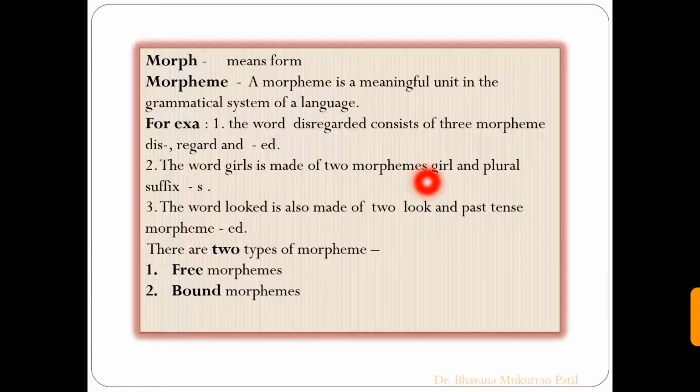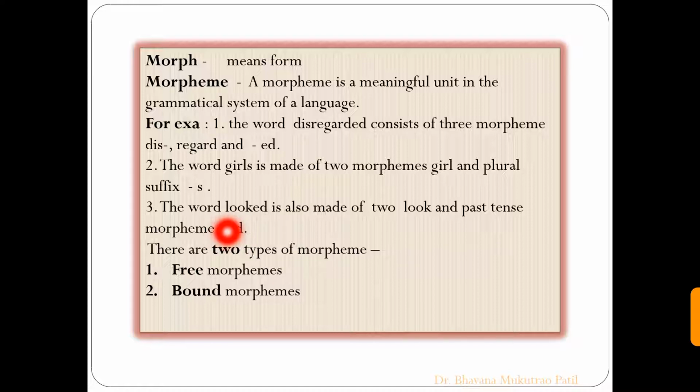Girl is a root, a free morpheme, and when we add s it becomes plural. The s is a suffix we add at the end of girl, so it becomes girls. So s is a bound morpheme that we add to a free morpheme.